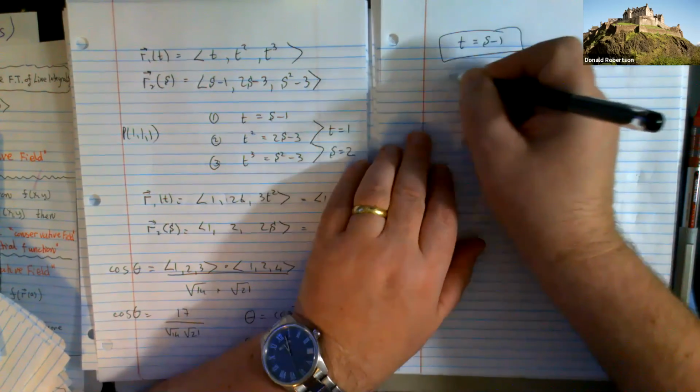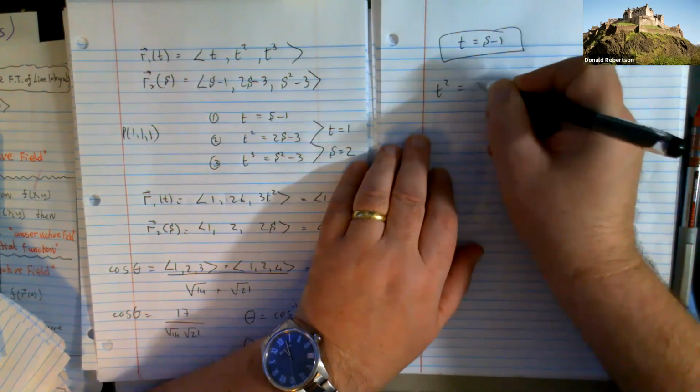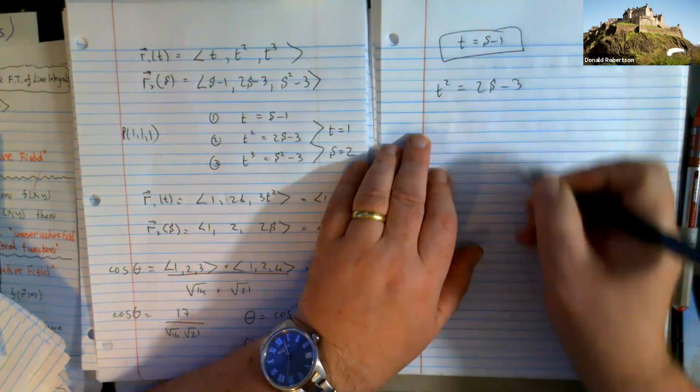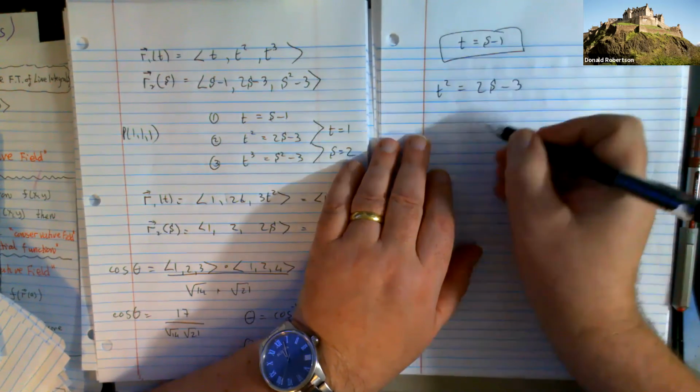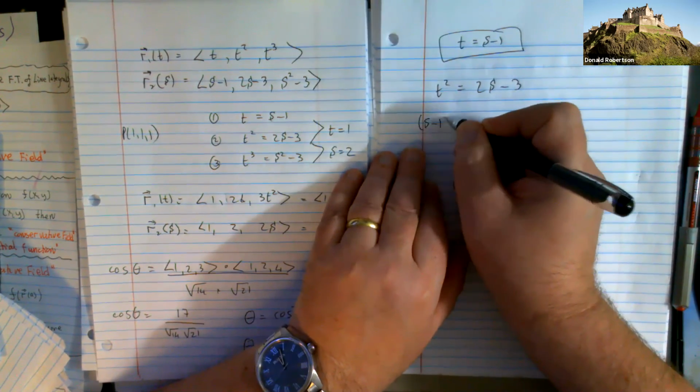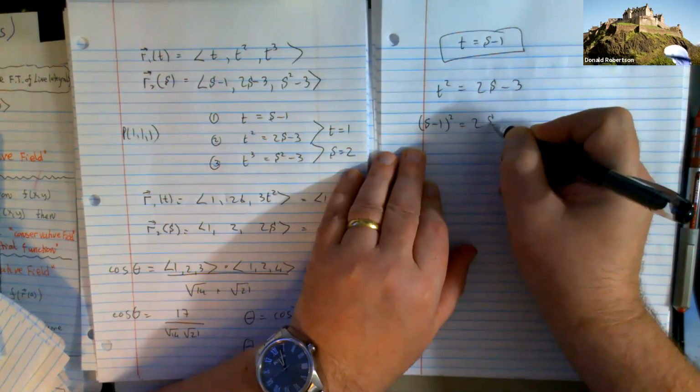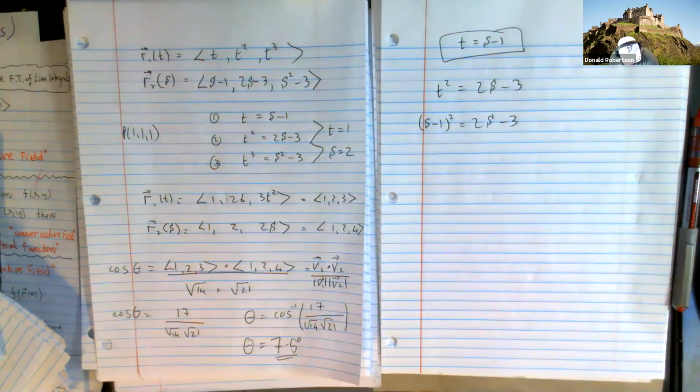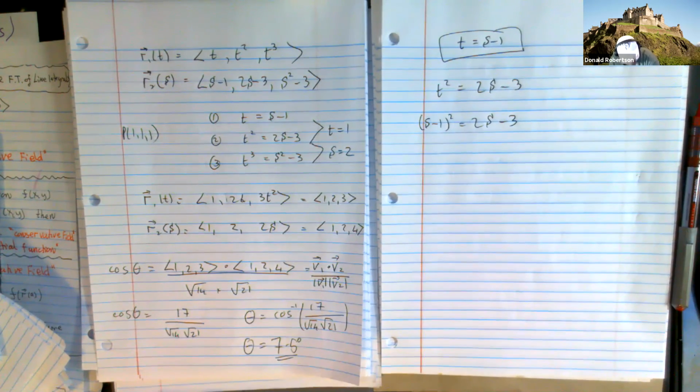And you put it into equation 2. Now, since t is s minus 1, which you can see, this becomes s minus 1 squared is 2s take away 3. So what you're trying to do is reduce it from 2 variables to an equation that only has 1 variable, because we know how to solve one variable equations.